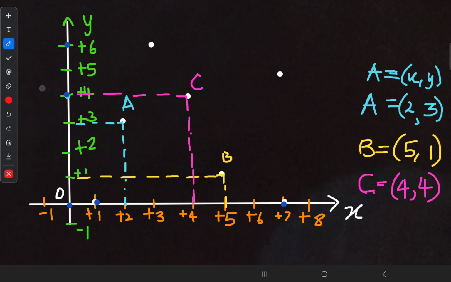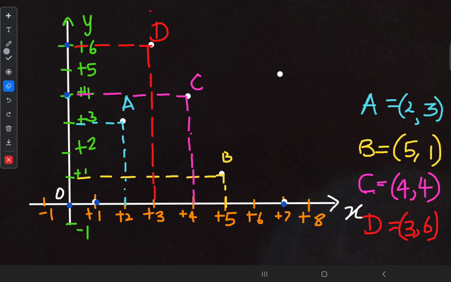Then let's see this one. This is going somewhere here. This is our point D. The coordinate of D is indicated as, in the x-axis, it is going through 3, in the y-axis that is 6.